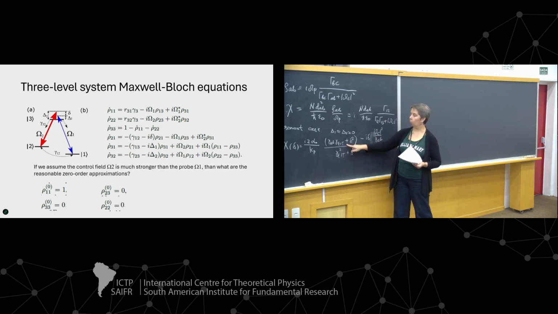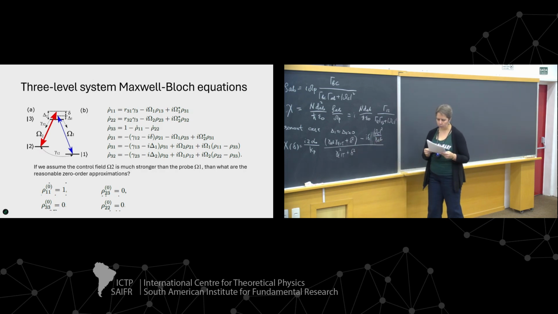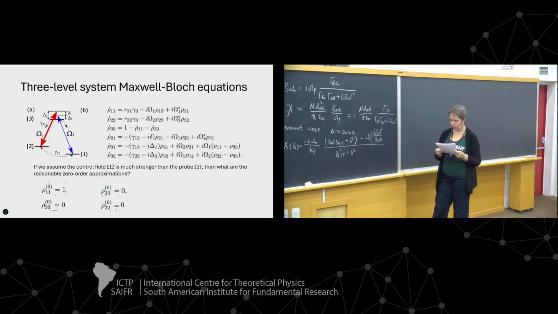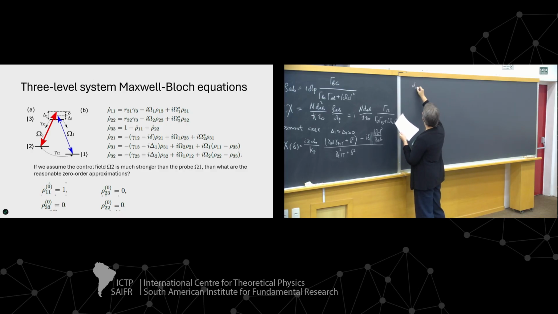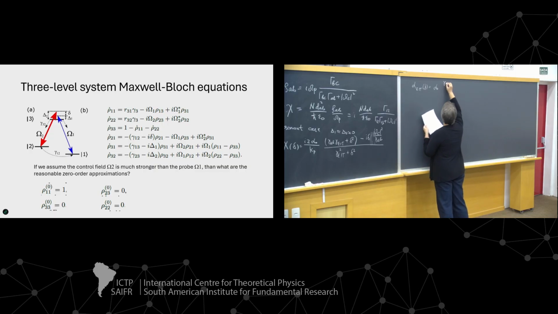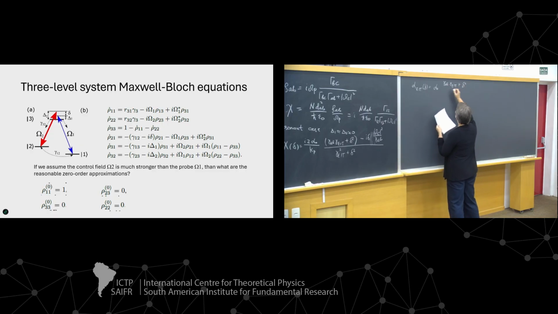This one corresponds to the absorption, and this one to the dispersion and refractive index. So ultimately, we will find that the absorption for the probe close to EIT resonance is equal to alpha naught, gamma AB times gamma EIT plus delta squared, divided by gamma EIT squared plus delta squared.